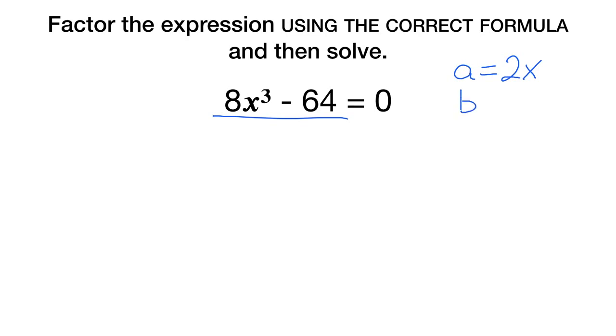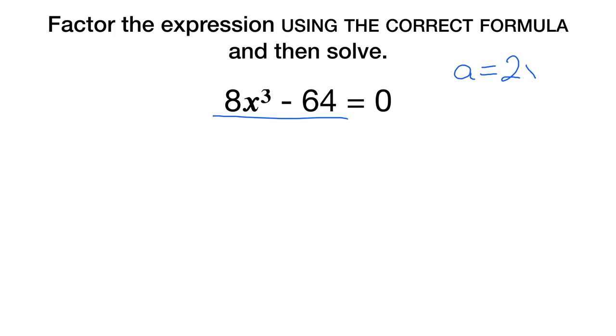And b, the cube root of 64, we've already said is 4. So now you'll notice this says minus 64, meaning this is a difference of cubes, not a sum of cubes, meaning 2x minus 4. Ooh, you know what I just realized?